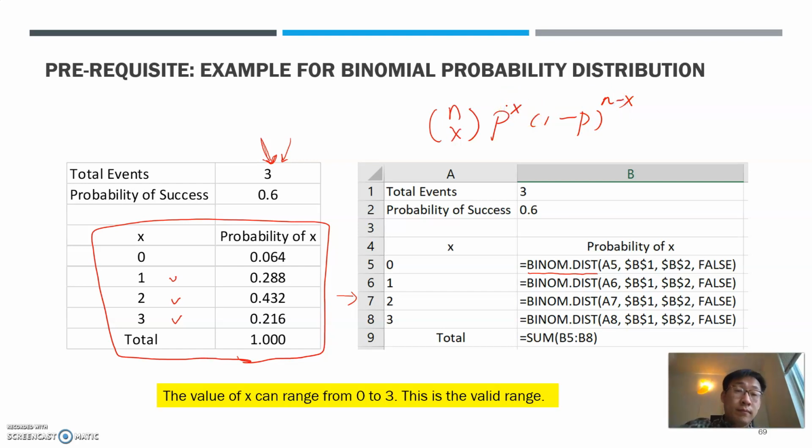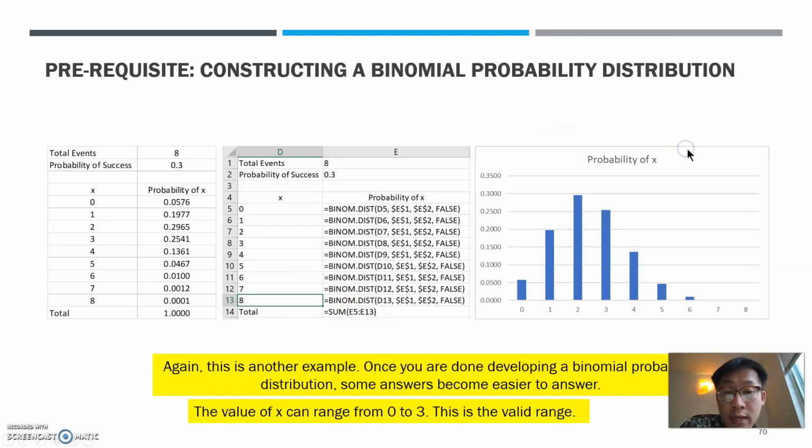Instead of using your calculator, you can just use Excel to conveniently calculate this. As you can see, this is quite convenient. Let's move on, and I'd like to demonstrate one last thing in this particular component.